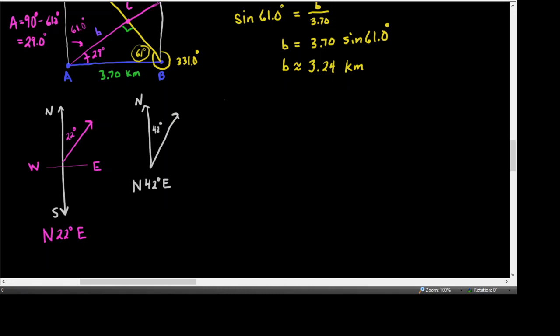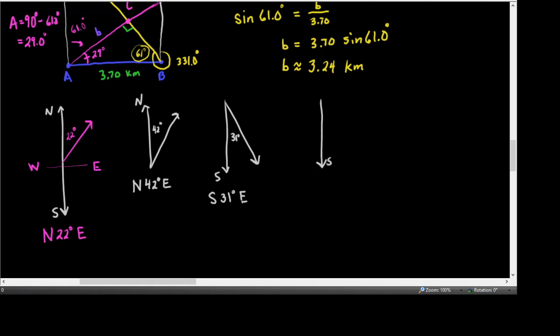Okay. What about this one? There's due south, and let's say this is 31 degrees. What would we name this one? From due south, we're going 31 degrees east of due south. Okay, let's try another one.